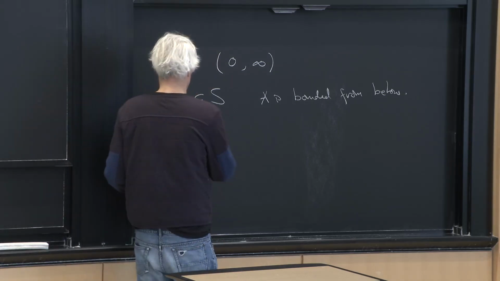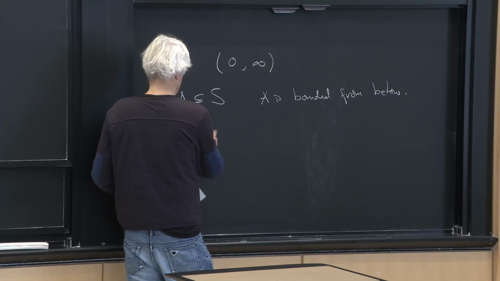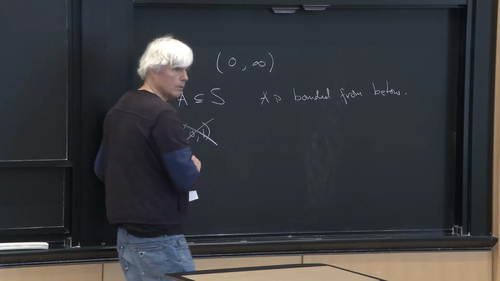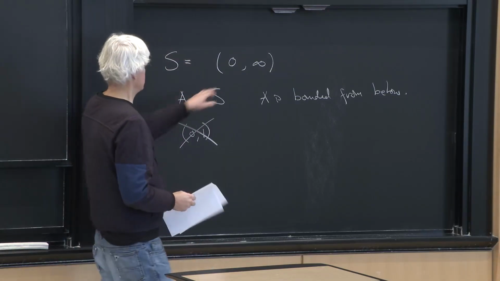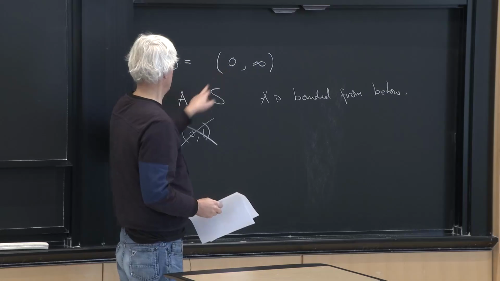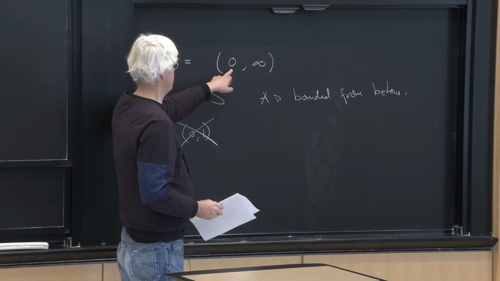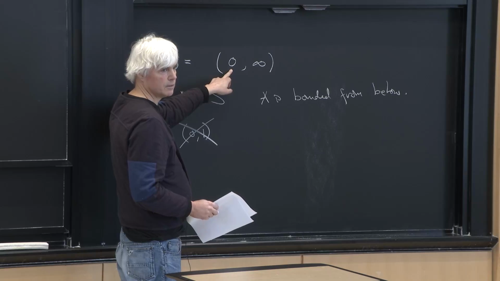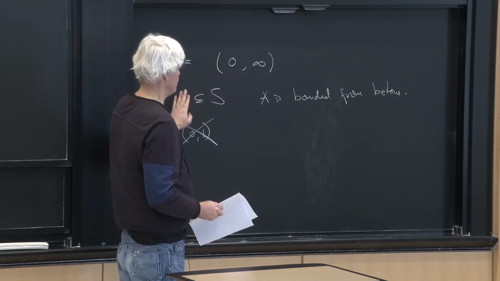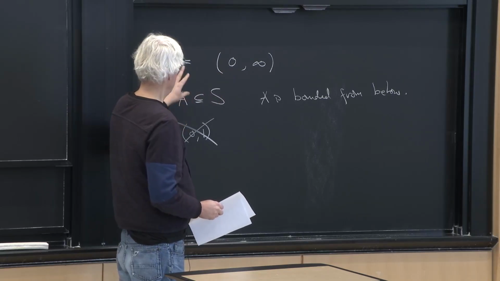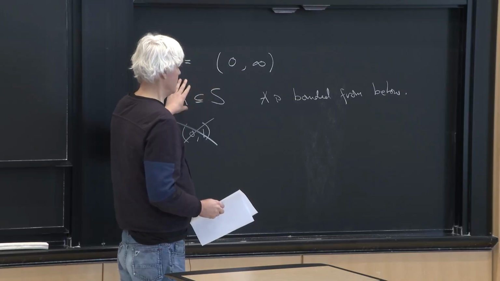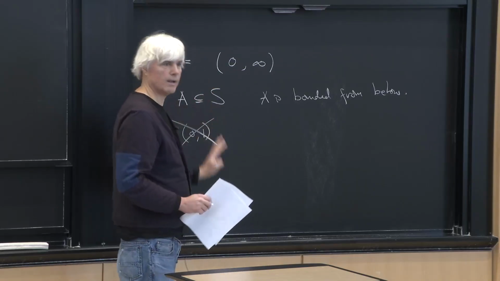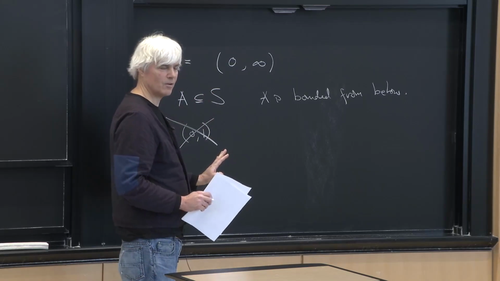Then it couldn't be this set here, which is not bounded from below. So if it's bounded from below, A could not have numbers approaching 0, and actually it would have a greatest lower bound.